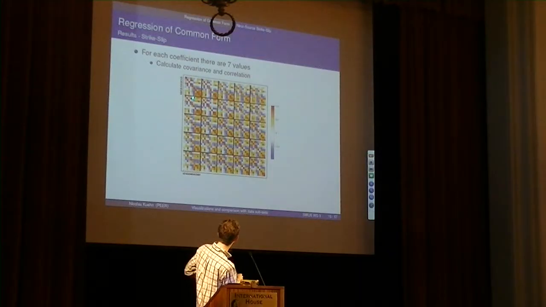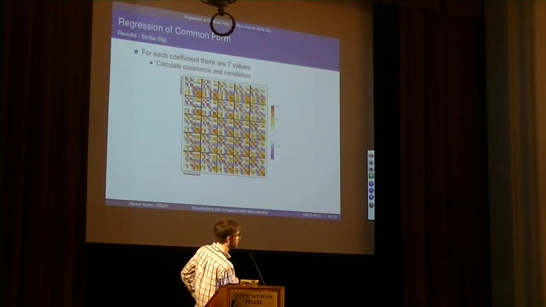This is the plot of the correlation matrix. This corresponds to 0.01 seconds, 0.2 seconds, 0.5 seconds, 1 second, and 2 seconds.